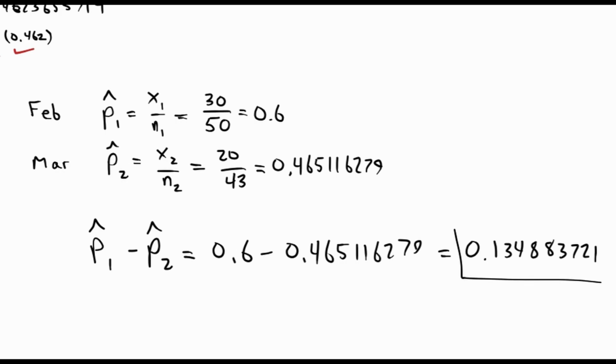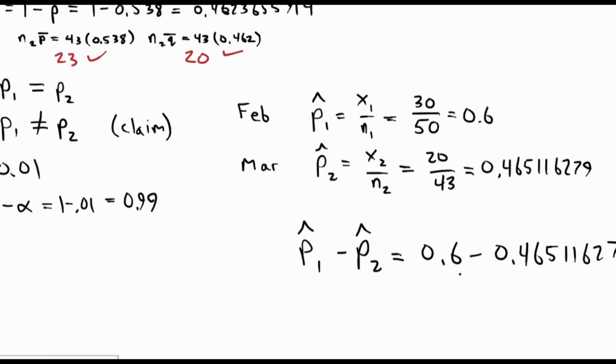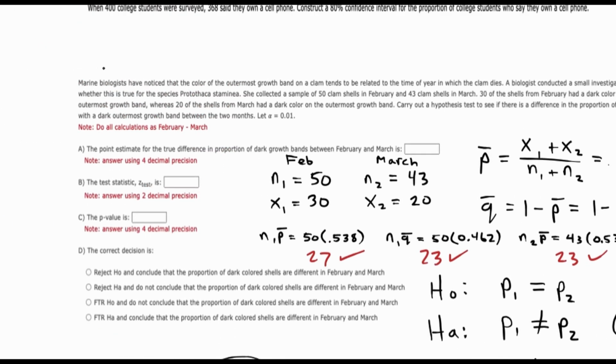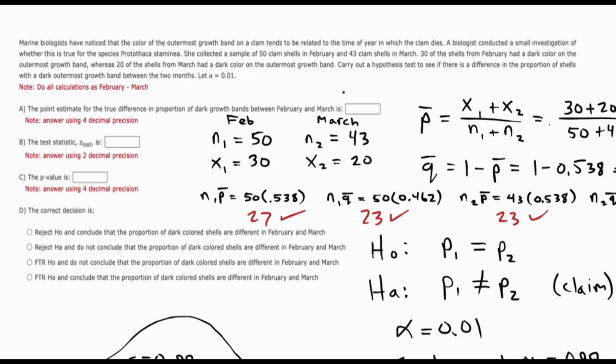So this here is our best estimate of how different the proportions of the clam color bands are. Okay, so 0.1349. So that goes here.